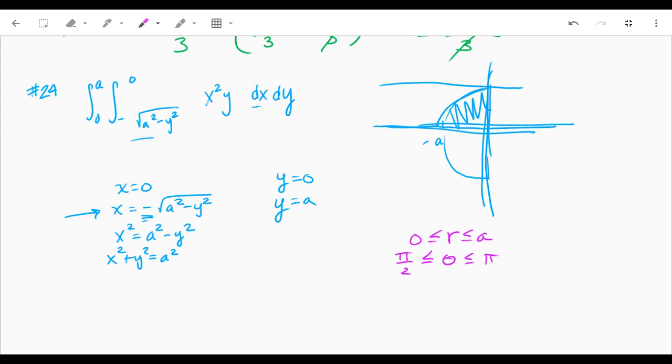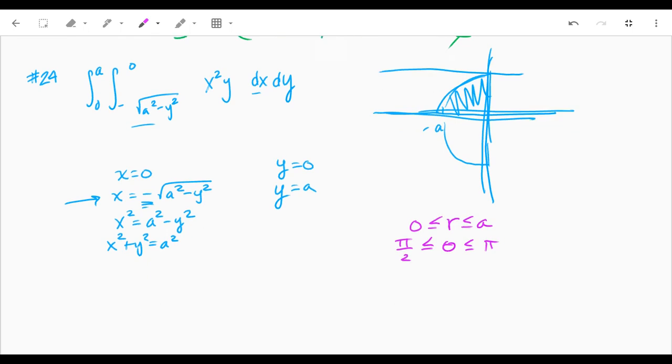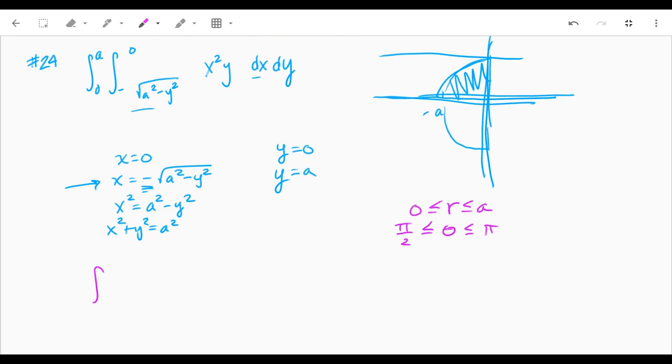Okay, so we're going to do the integral from 0 to a, and the integral from pi over 2 to pi. Okay, and x squared would be r squared cosine squared theta.